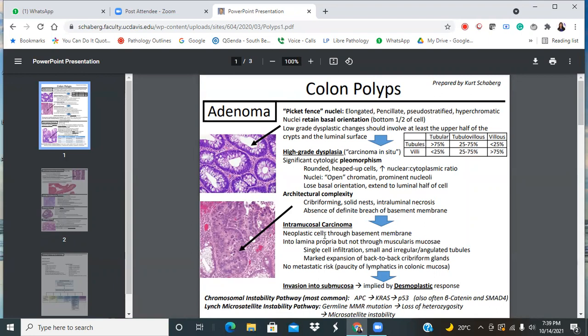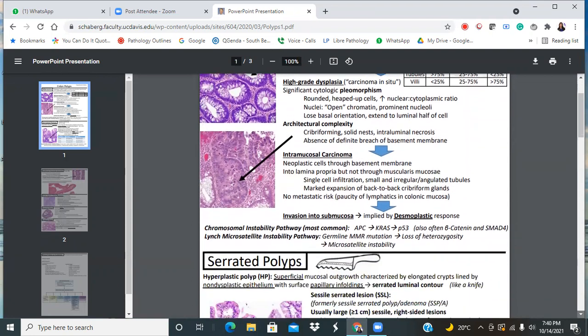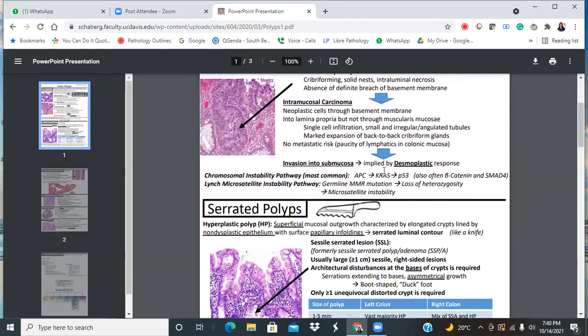So neoplastic cells go through the basement membrane into the lamina propria, but not into the muscularis mucosae. Single cell infiltration, small and irregular angulated tubules, marked expansion of back-to-back cribriform glands. No metastatic risk, because of the paucity of lymphatics in the colonic mucosa. Now, invasion into the submucosa will be implied by a desmoplastic response.